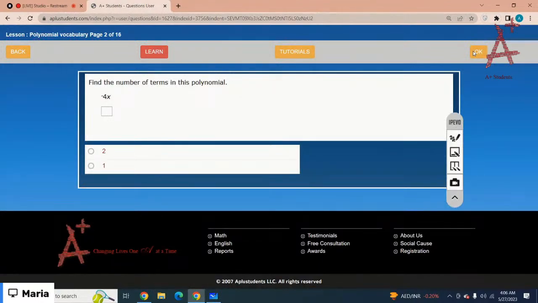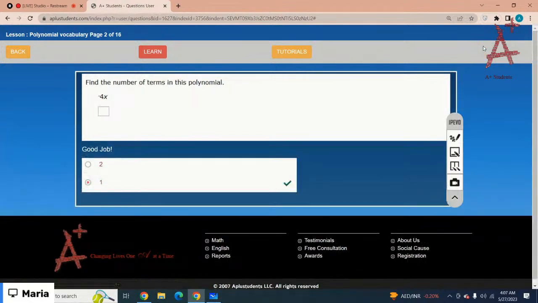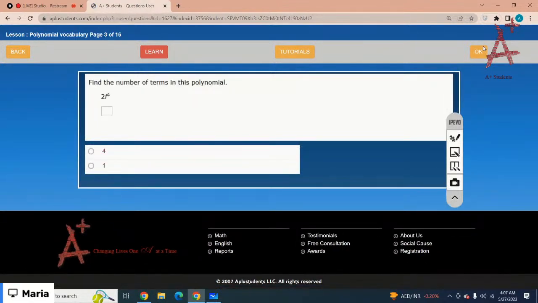Find the number of terms in the polynomial. You have just one term. The correct option is 1. Okay, find the number of terms in the polynomial. Which is the correct option? You have only one term, so the correct option is 1.